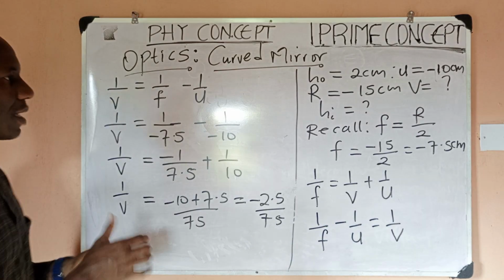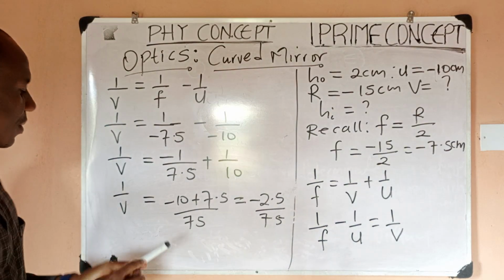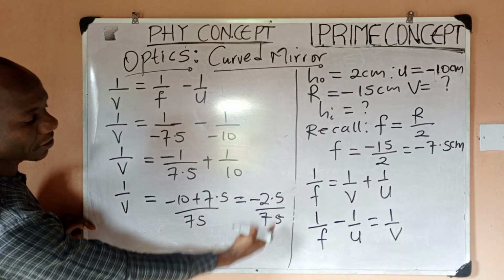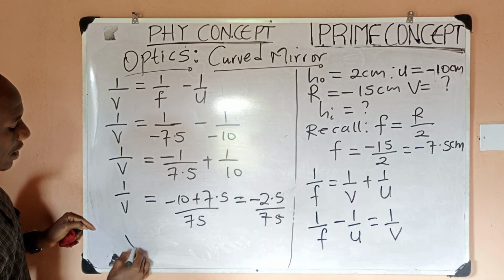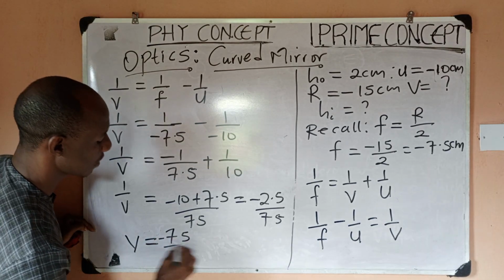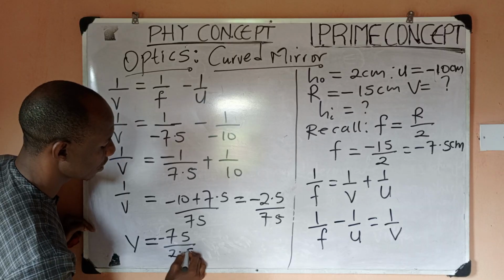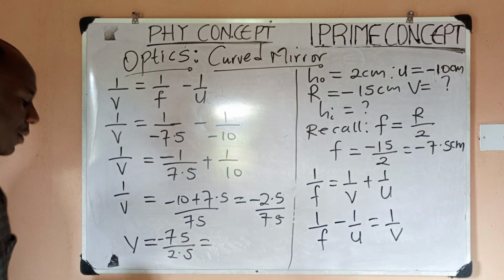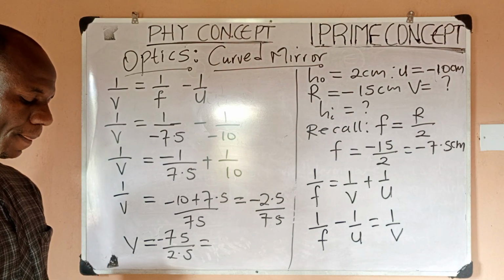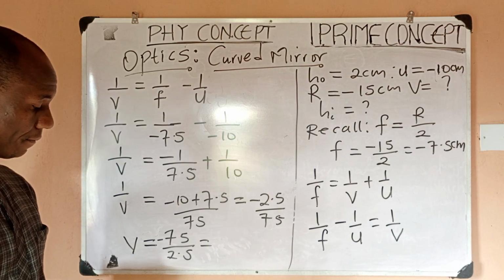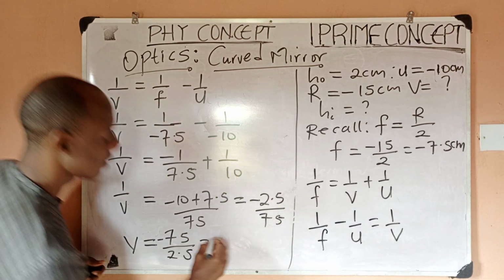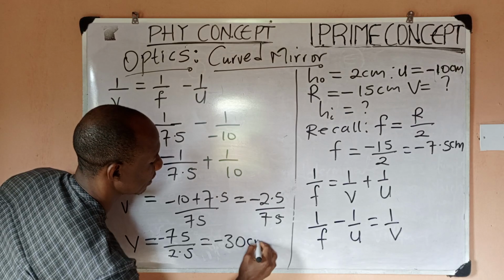So 1 over V equals minus 2.5 divided by 75, which means V is simply minus 75 divided by 2.5. If I solve this, I'll get minus 30 cm.